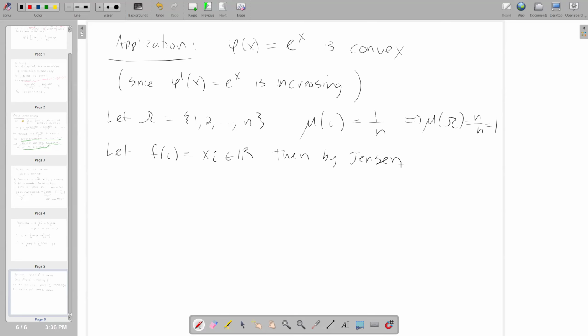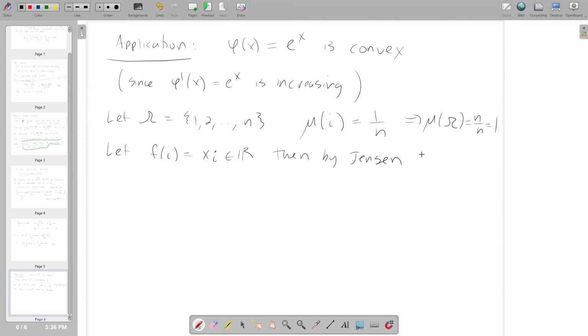So you can easily calculate that the integral of a function here is the sum of the values times the measure of each input value, right? You can split it up into the disjoint pieces, and then it has a single value on each, and the measure is 1 over n. So we simply get xi times 1 over n.